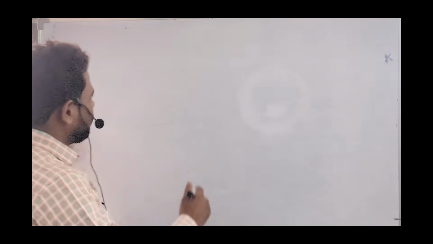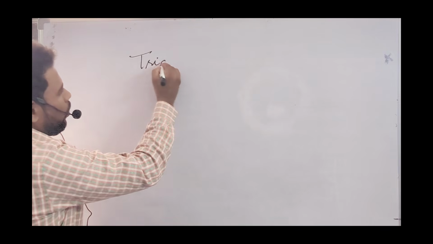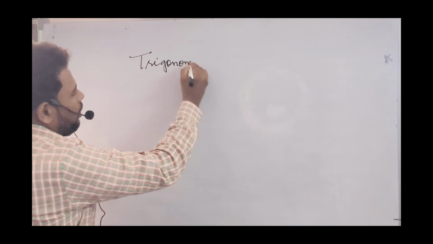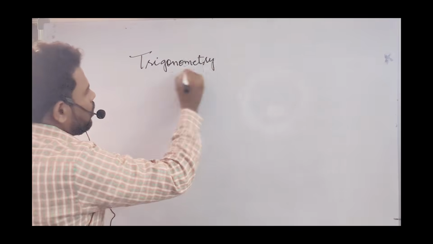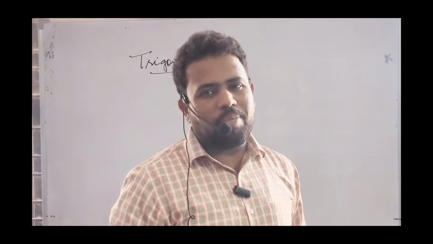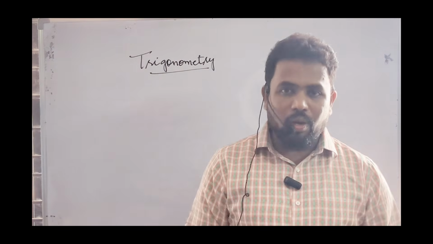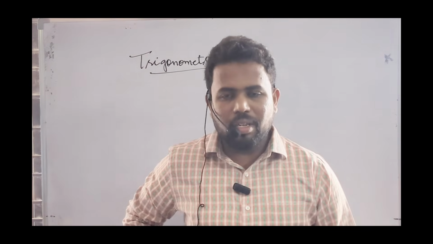Let's begin. What's the chapter name, everyone? Trigonometry. If you understand the name of the chapter, it will help you a lot to understand the topics and what type of questions we are discussing in this chapter.